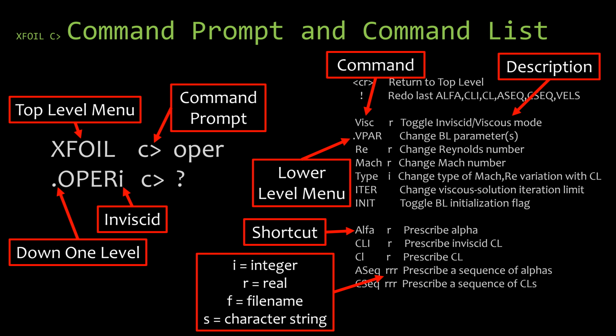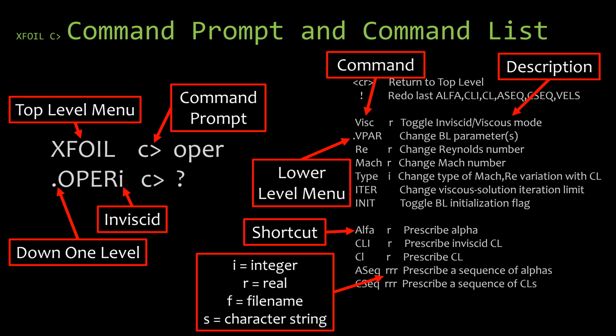So then I would be 2 levels down because I'm already 1 level down being in the OPER menu. There, like you see in the description, I can change some of the boundary layer parameters. So that's how you can see on that list what the lower level menus are that are available on the specific menu you're at.